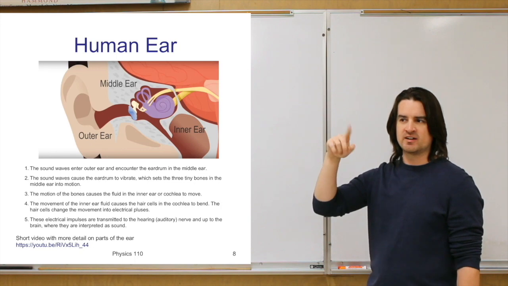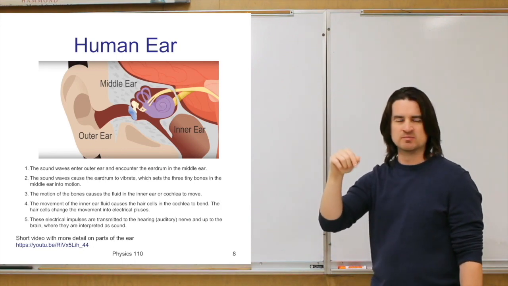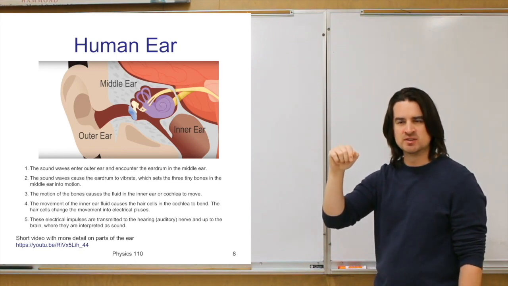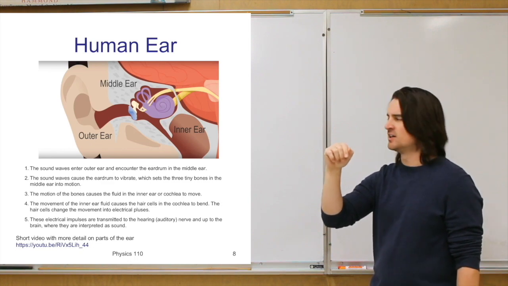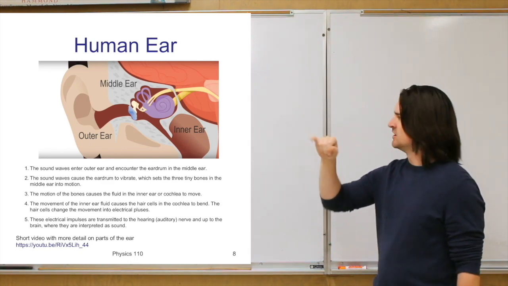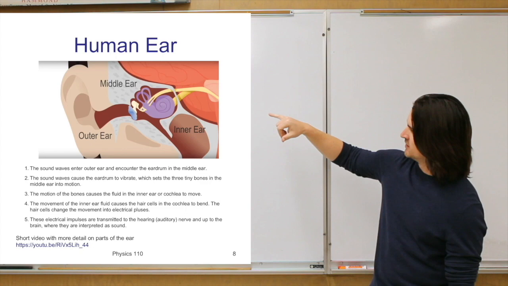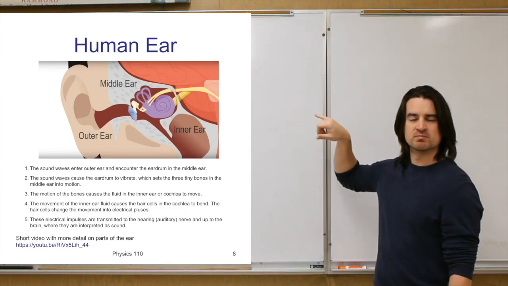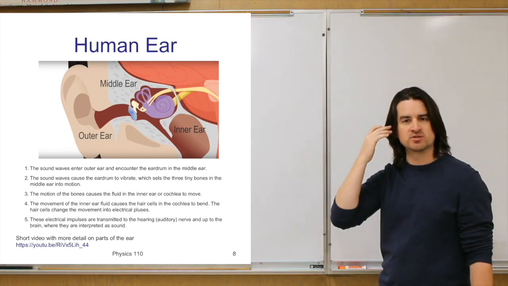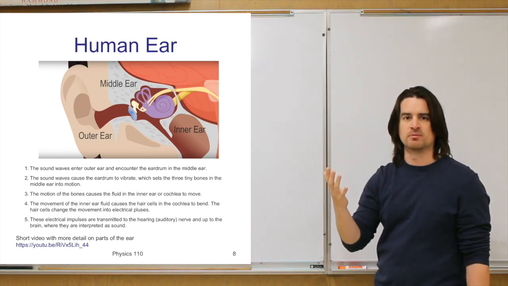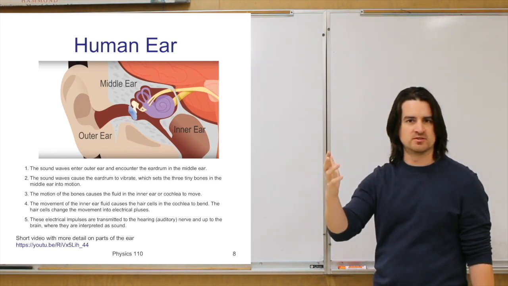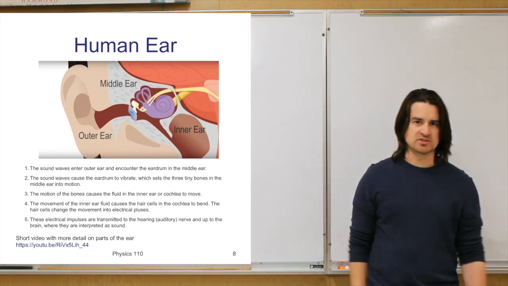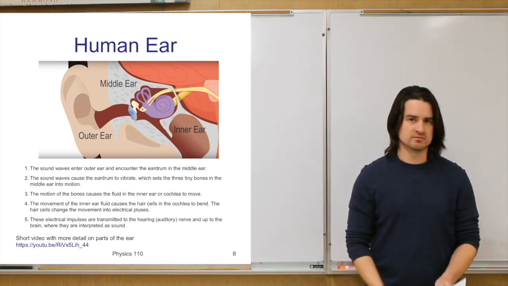The movement of the hairs is almost like turning a switch on and off, so the light starts to flicker on and off, and you get electrical impulses that travel along nerves to the brain. The brain gets those electrical signals and interprets them as, oh, I just heard a sound. So again, a very basic look, but yeah.